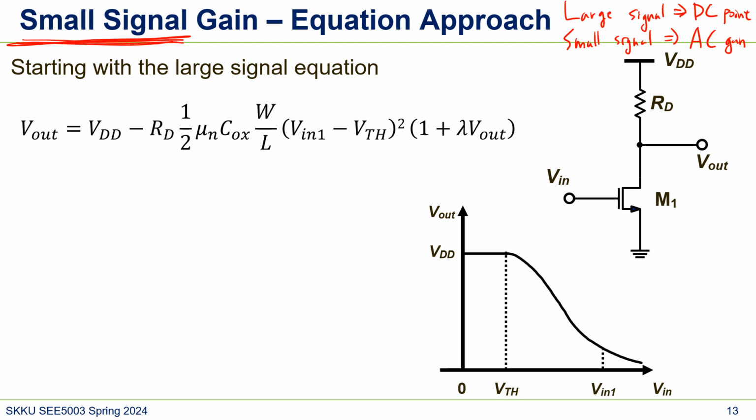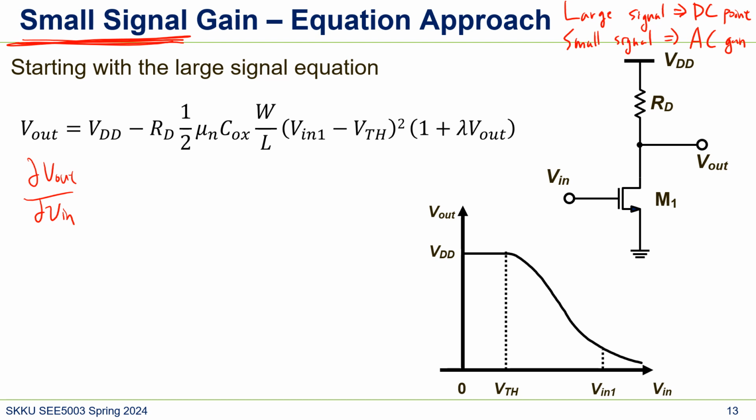So let's bring this equation again here, right? Where did we get this? Is it from small signal or large signal? This is large signal. How can we get a small signal gain from large signal? What we can do is take a derivative, right? Even though this is a DC signal, small signal is just giving an excitation across the DC.